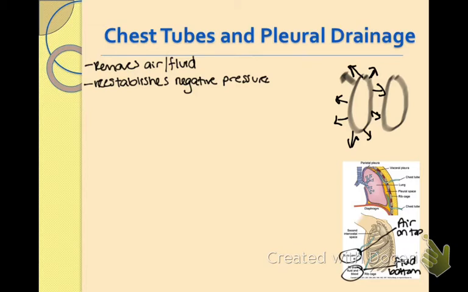What happens when the lung collapses is when you have positive pressure, so the lung collapses because you have positive pressure because air is in that pleural space and it's pressing down and compressing the lung. So what the chest tube does is goes in there and takes that out, because it kind of sucks it back out so you can recreate that negative pressure.